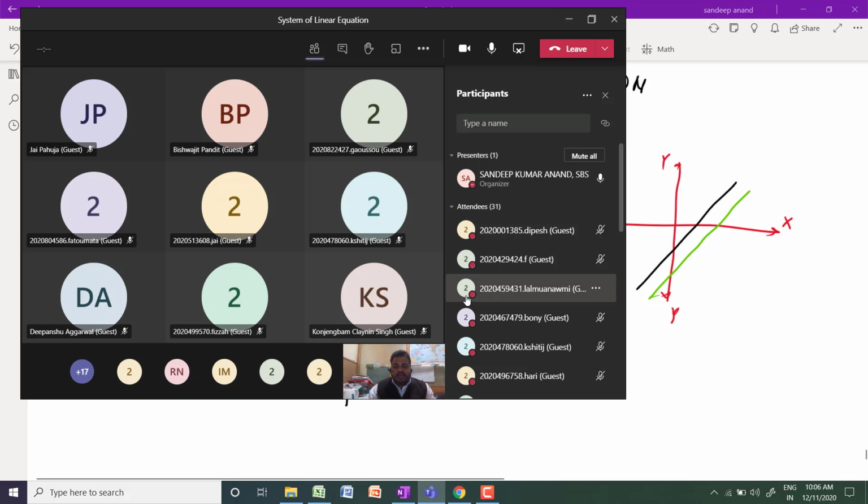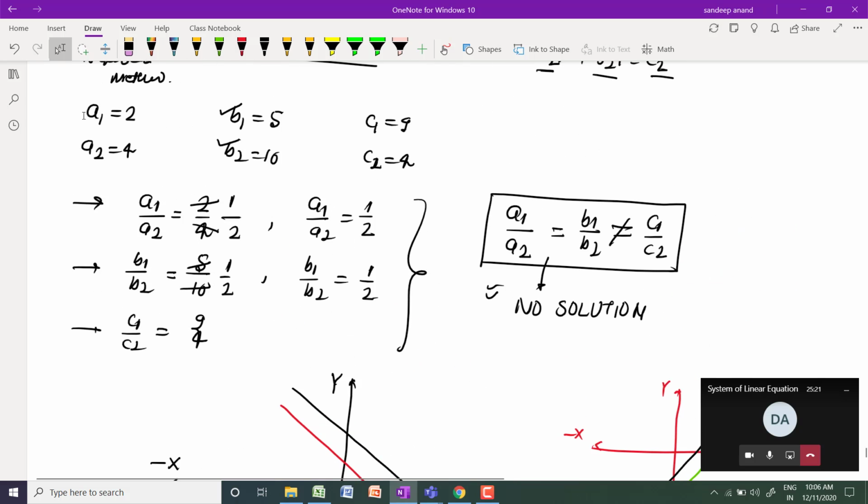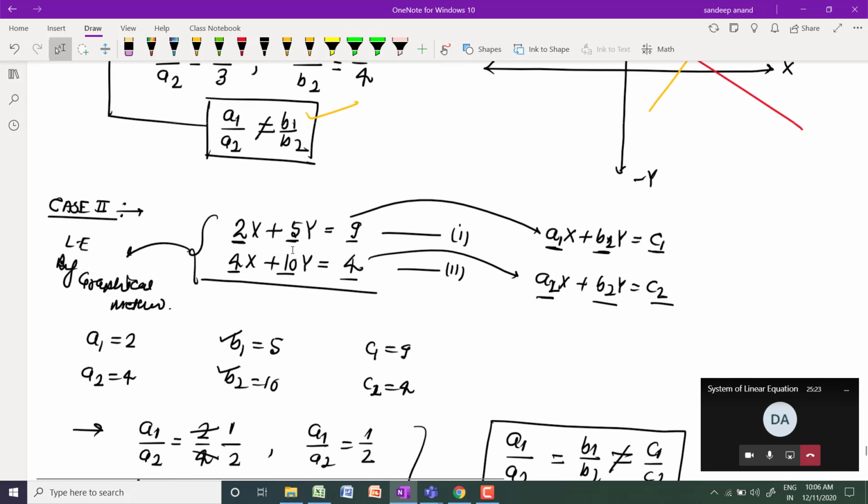Whenever you have no intersection point, it means that there is no solution. So whenever the two lines are parallel to each other and never intersect, at that time you will get no solution. This is very easy to understand when you solve this problem by graphical method.